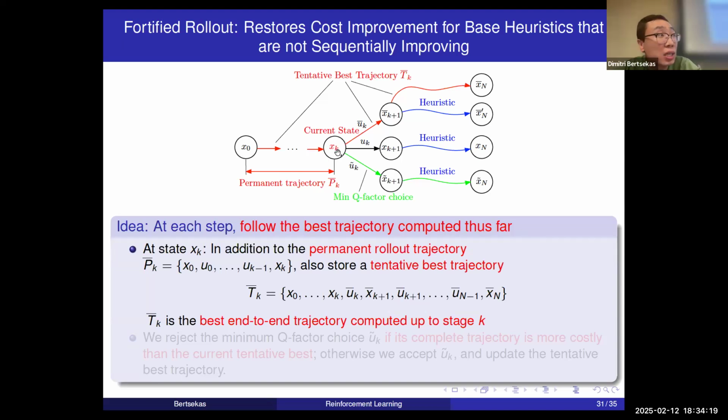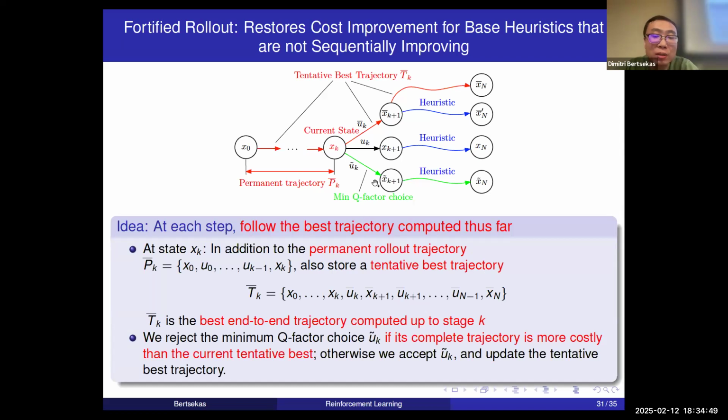But in addition to this, we also keep track of a tentative best trajectory denoted by Tk bar, which is some trajectory we have stored thus far. So in addition to the permanent rollout trajectory, we also store a tentative best trajectory. And this is the best end-to-end trajectory computed up to stage K.